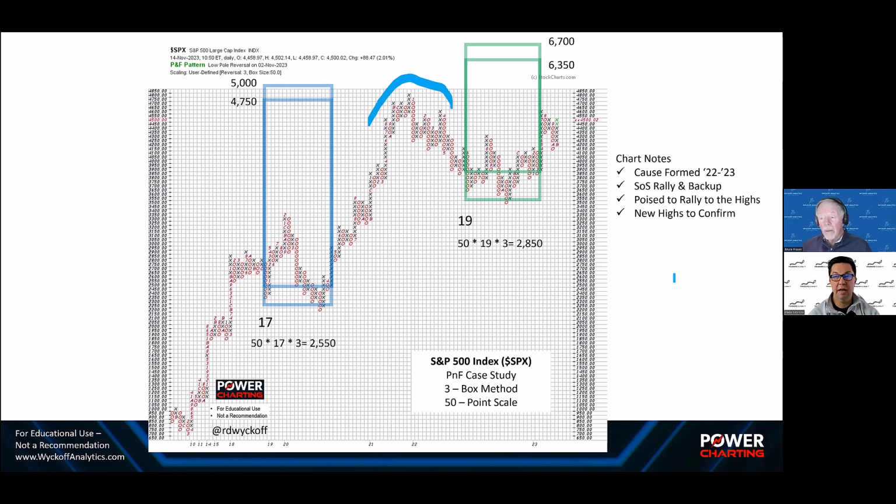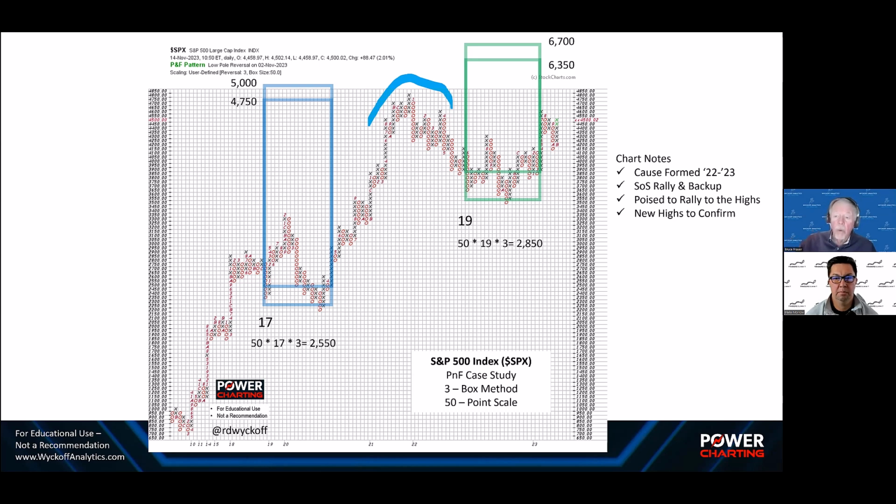I mean, it's hard. Given the fact that we're at all-time highs right now, it makes sense, but that is so much further and higher than where we're currently trading. And also, Blake, very good, because point and figure can give us objectives, but it can't tell us how long it's going to take.